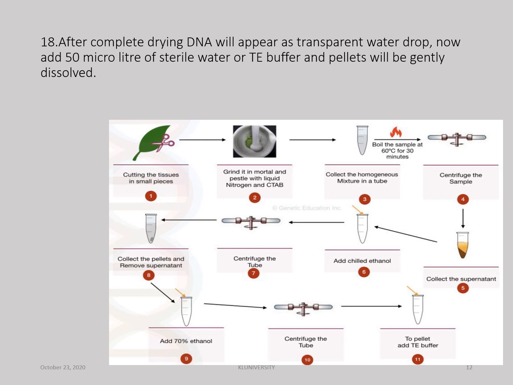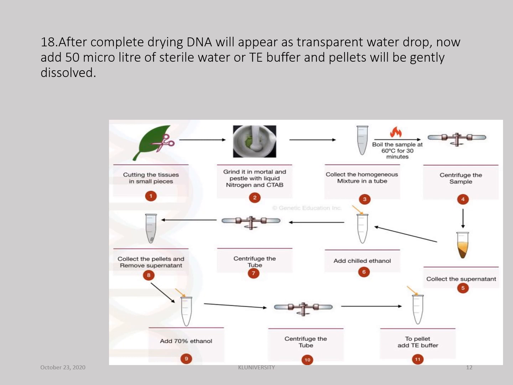In this picture, the tissue is cut into small pieces and ground in a mortar and pestle with liquid nitrogen and CTAB. Collect this homogeneous mixture in a tube and heat the sample at 60 degrees for 30 minutes, and also centrifuge the sample and again collect the supernatant. To this supernatant add chilled ethanol and centrifuge the tube.